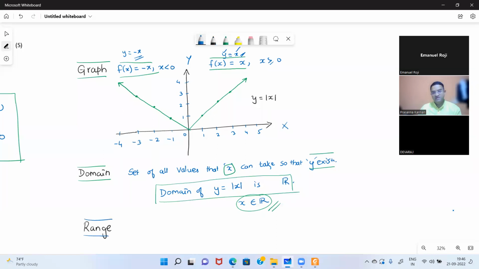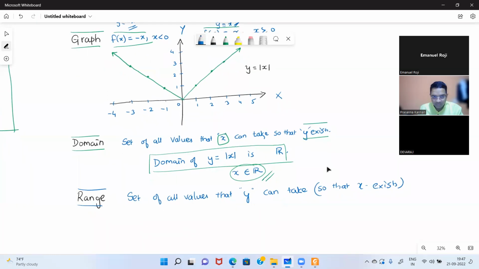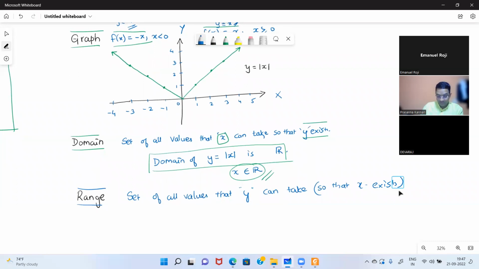Range. So what do you mean by range? Range is nothing but the set of all values that y can take so that x exists. So range of y is equal to mod x.